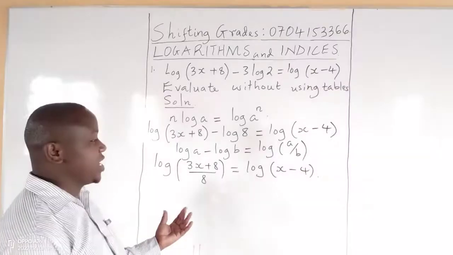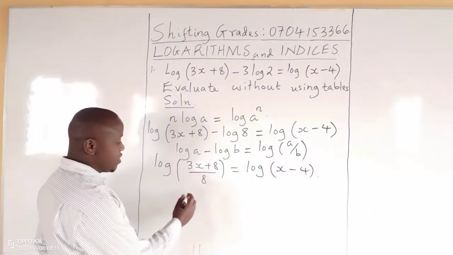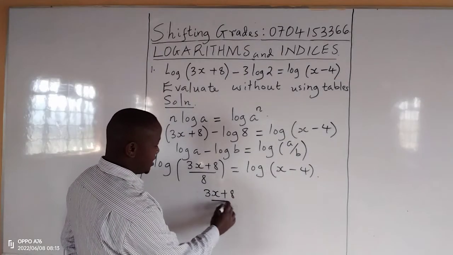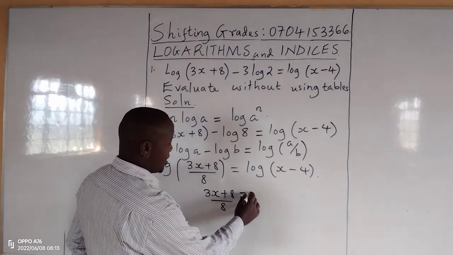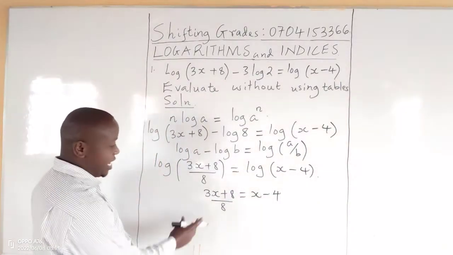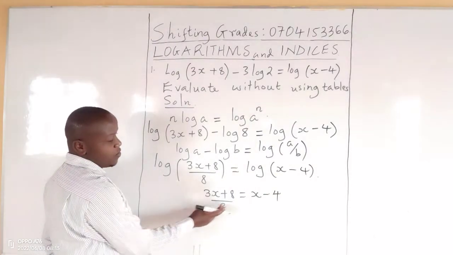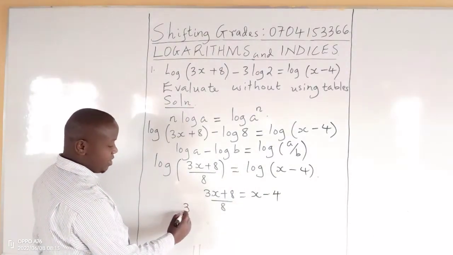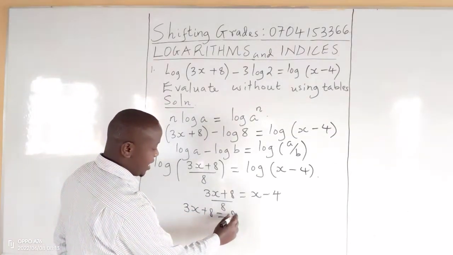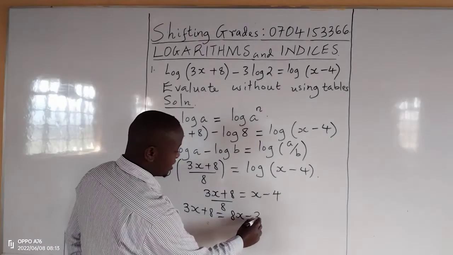After that, we can drop logarithms and equate the two sides: 3x plus 8 over 8 equals x less 4. We cross multiply with 8 such that we remain with 3x plus 8 equals 8x minus 32.